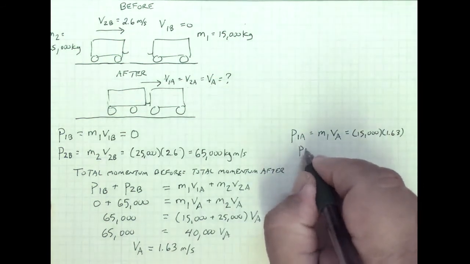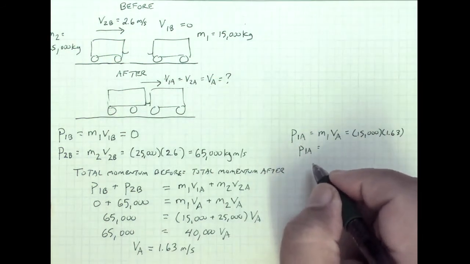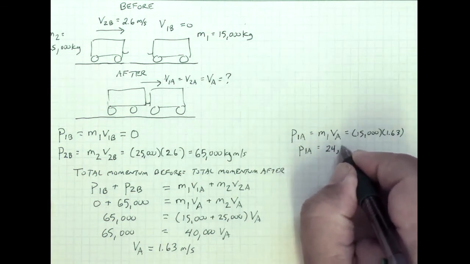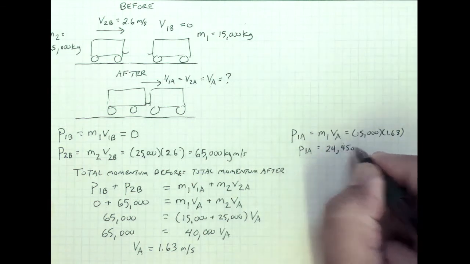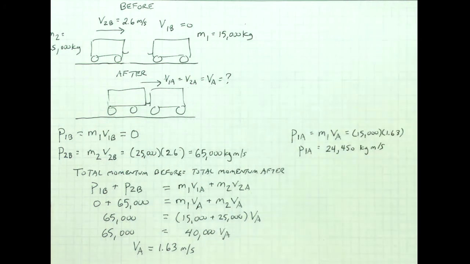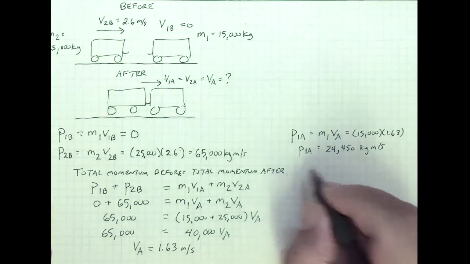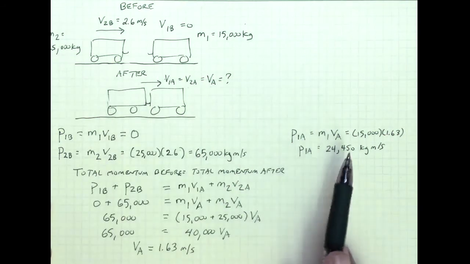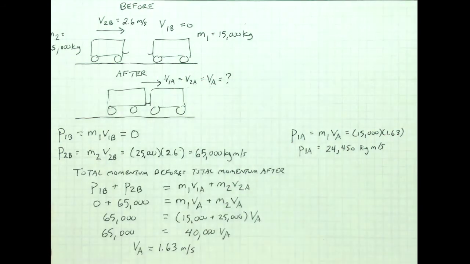And that means the momentum after is about 24,000 kilogram meters per second. So the first car, which was stationary before with zero momentum, has gained a little bit over 24,000 kilogram meters per second of momentum.